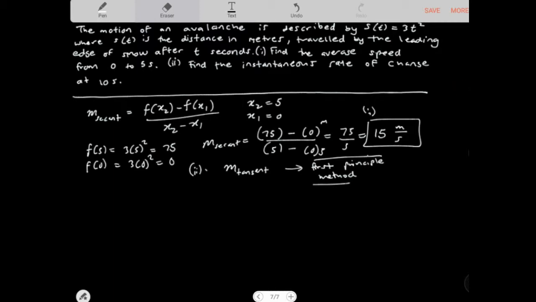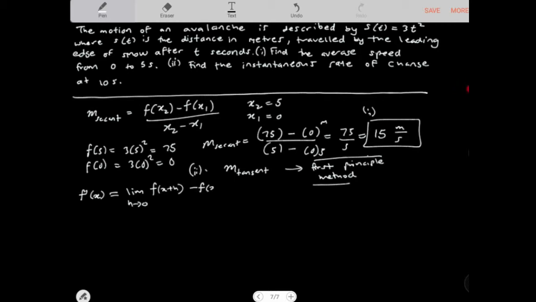creating an instantaneous rate of change function, f prime of x, which is basically the limit as h approaches 0, f of x plus h minus f of x over h. Okay, so in this case, instead of thinking about x, you can think about it as t, right?